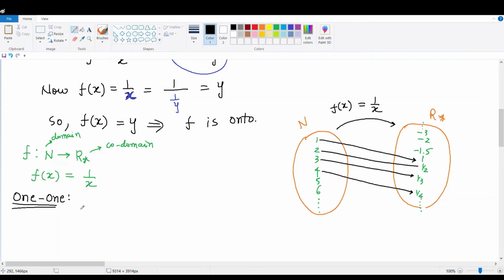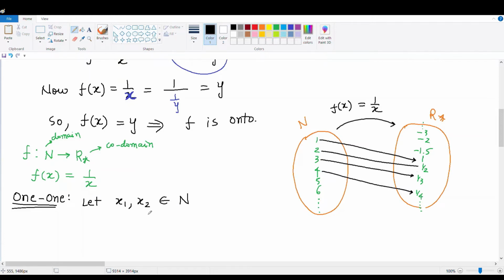We cannot just show a counterexample. So for 1-1, we are going to do the same way again. Let x1, x2 belong to our domain N. I'm not writing N because the domain is N and the codomain is R star, so you'll know which set I'm talking about.